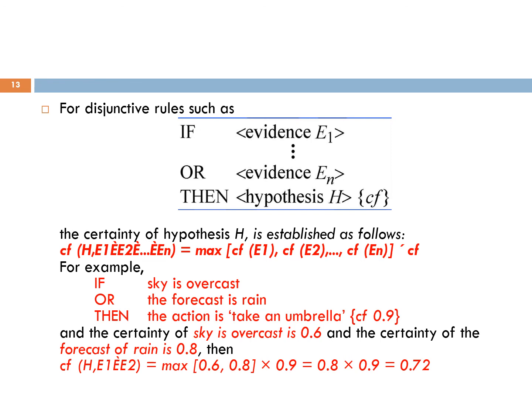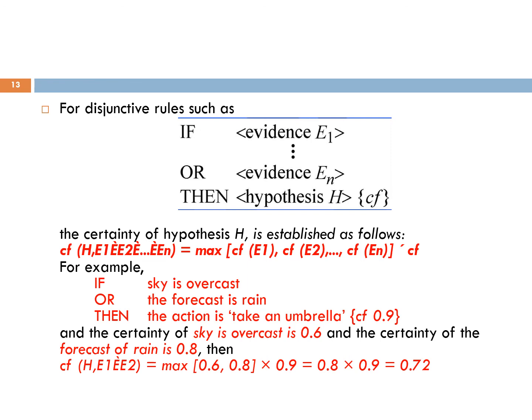Okay, if we have an example here, if the sky is overcast, and the disjunctive rule is OR, the forecast is rain, then the action is to take an umbrella, and we put the certainty factor to take the umbrella as 0.9.